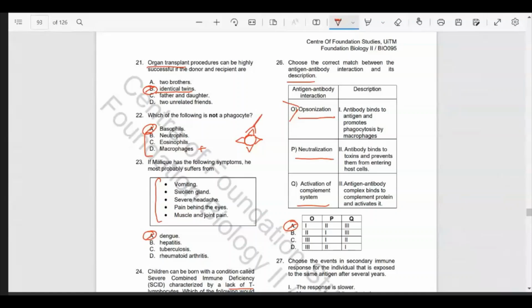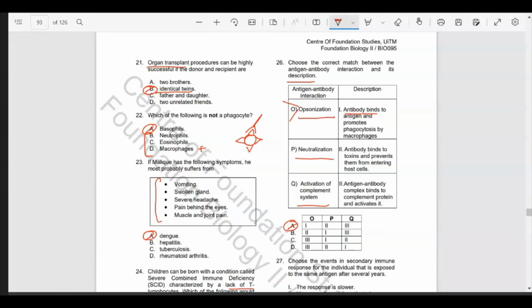So the binding of this antibody to the virus, okay, at the antigen region, dia boleh lead kepada opsonization. What is opsonization? Bila antibody bind kepada virus, opsonization is when the antibody that binds to the antigen akan promote phagocytosis by macrophage. Bila pathogen ni dah bind kepada antibody, dia akan enhance the process of phagocytosis.